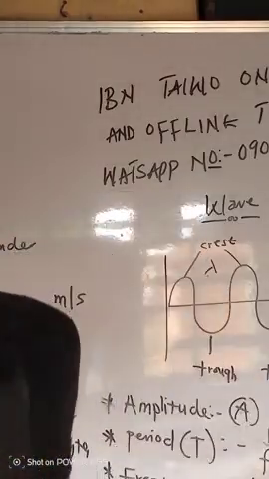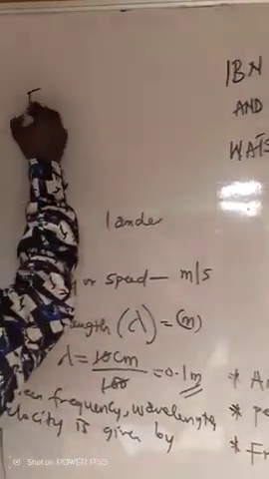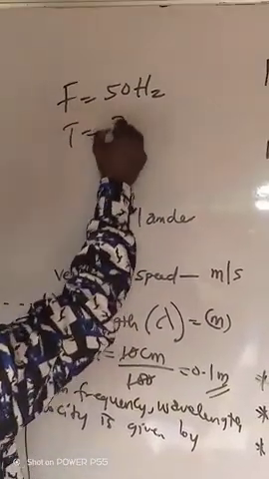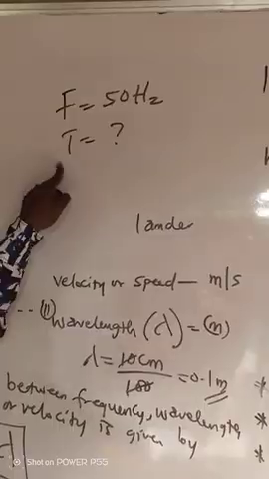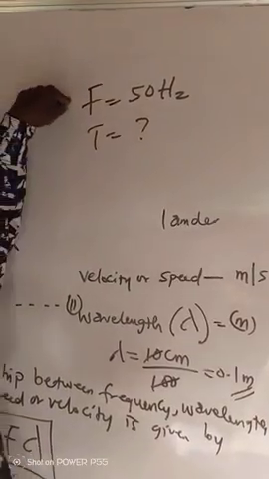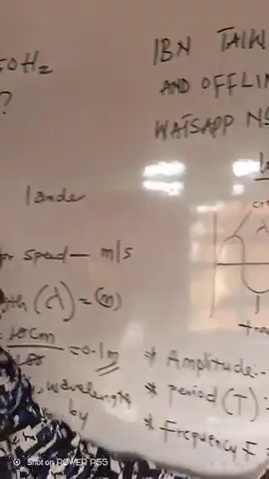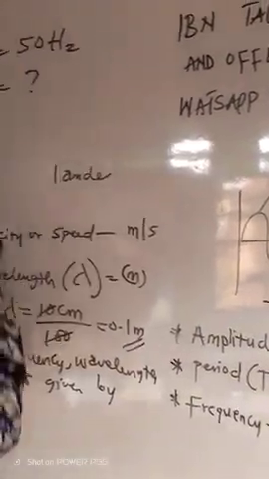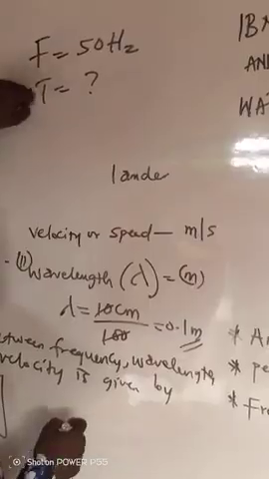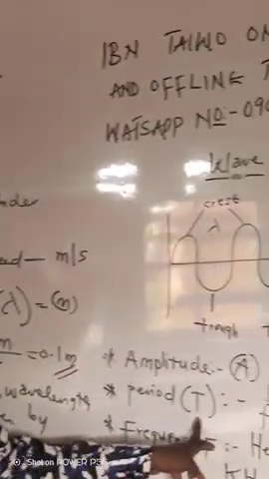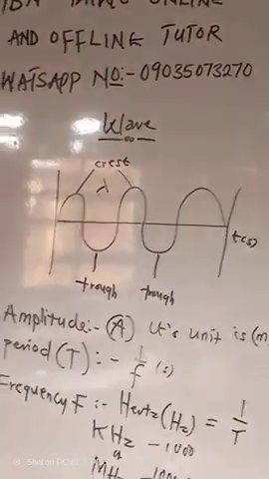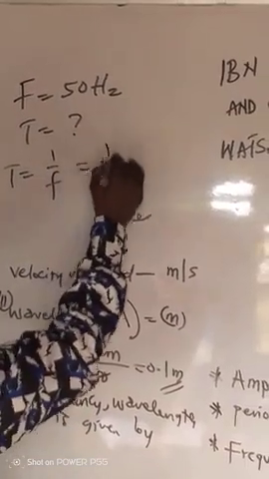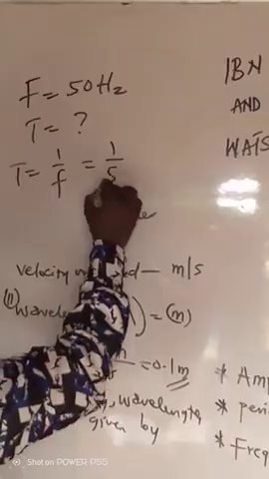Now, our frequency is equal to what? 50 Hz. The question says what is the period? To calculate our period when we have been given frequency, what is our formula? Recall, frequency is equal to 1 over period. What they ask us to calculate is the period. So the period is equal to 1 over frequency. What is our frequency? 50.